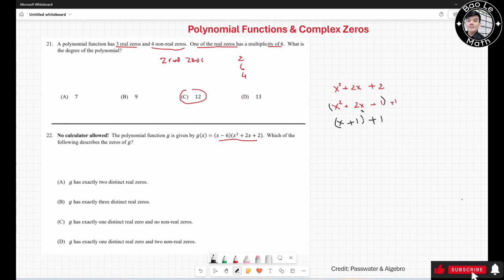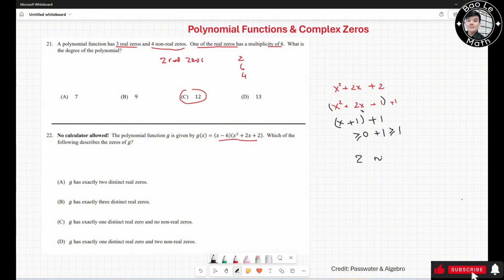Alright, this is always greater than or equal to 0, right? And then when you add 1, it's going to be always greater than or equal to 1, right? So this polynomial right here cannot be equal to 0, right? So if it cannot be equal to 0, you cannot factor this one, right? So you must have two imaginary roots, right?